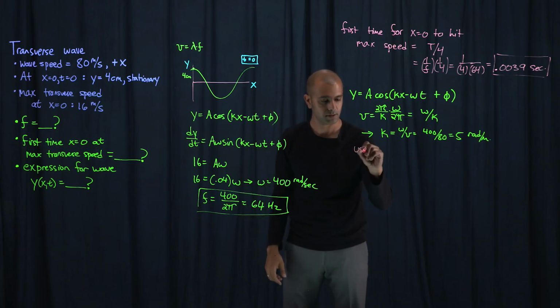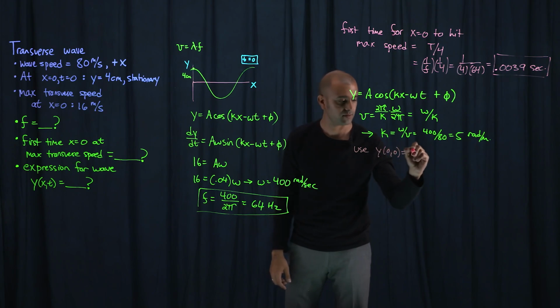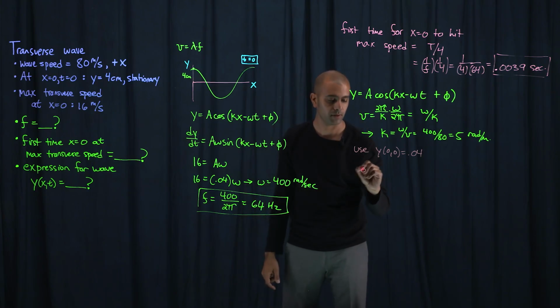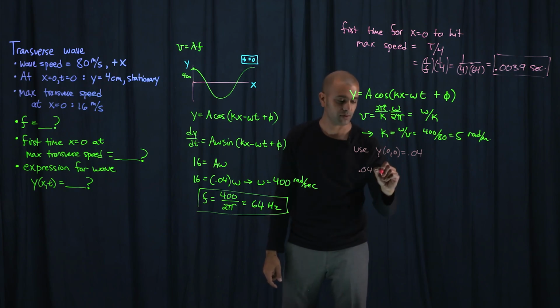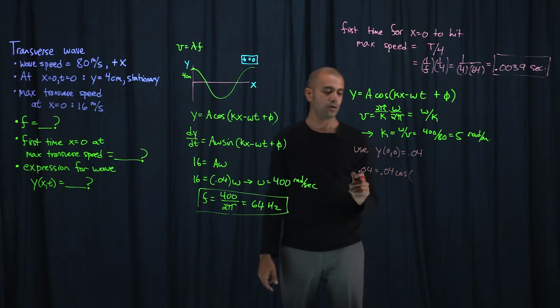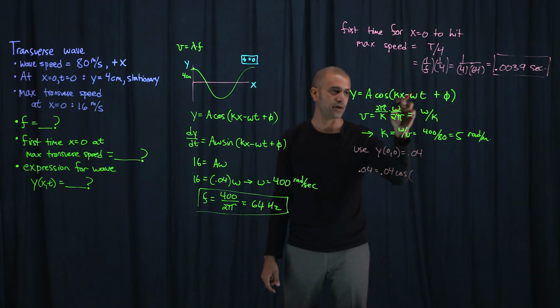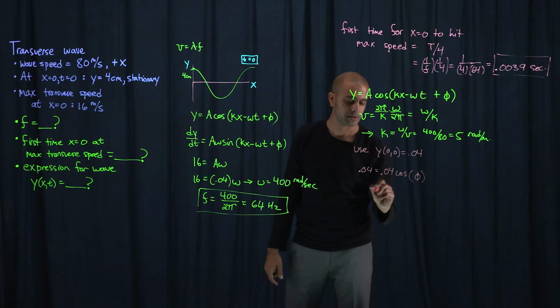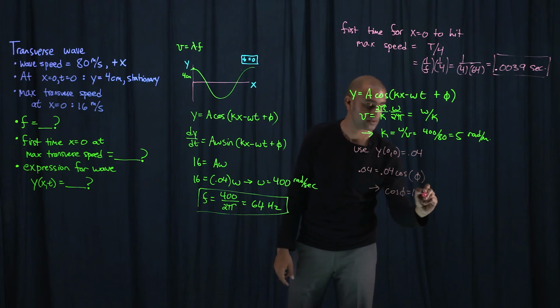So use y of 0, 0 is 0.04. All right. So plugging that in here, we're going to get 0.04 equals, amplitude again is also 0.04, times the cosine of 0, 0. We're going to plug in 0 for x, 0 for t. Those guys go away. All you have is cosine of phi. So you just get that the cosine of phi equals 1, which tells us that phi equals 0.